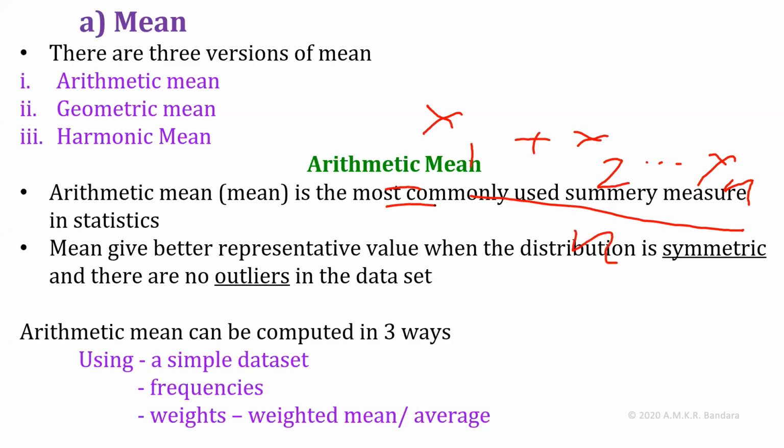So this is the arithmetic mean. Symbolically, we can represent this as this addition. This addition we called as addition or summation. It is represented in statistics using sigma, capital sigma.